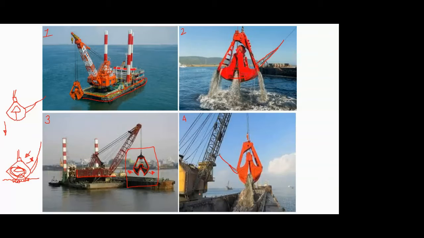So in that case, you have another barge which is just used for storage purpose, or it has some huge vessel, and in that the excavated material is dumped, and then that barge goes to the land side or to the area wherever it has to be dumped within the sea itself. So it goes there and then it dumps. Okay, so this fourth photo shows that process of dumping.